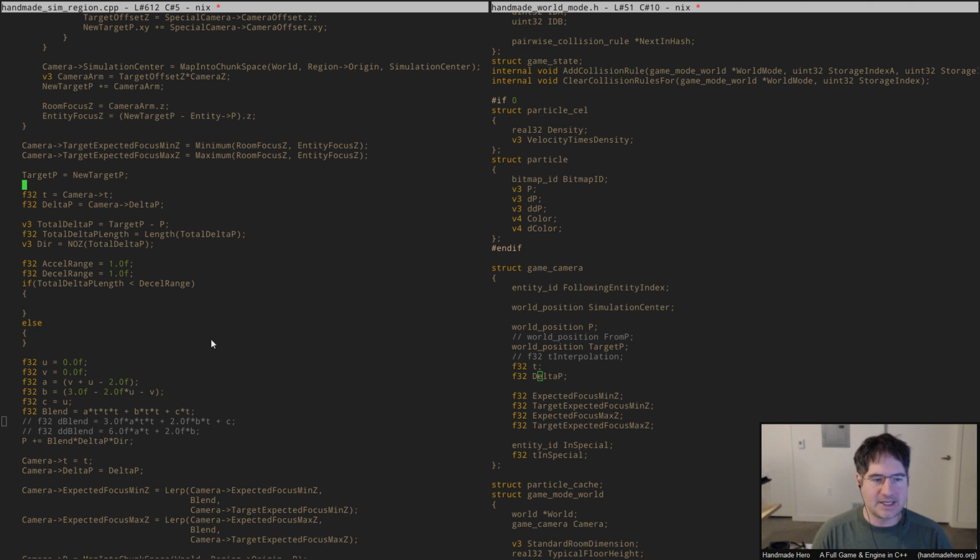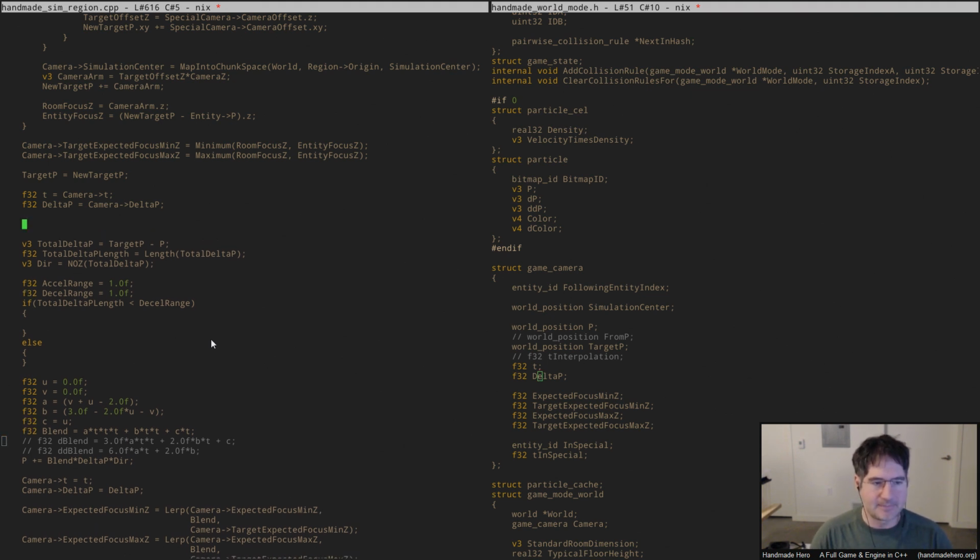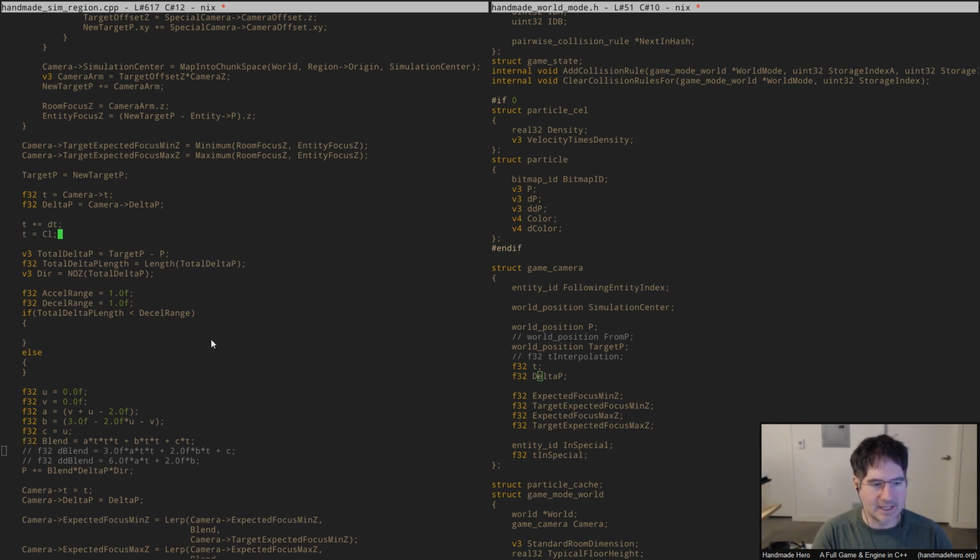Meaning when I go to take this t value and I want to move by whatever the delta step is that I'm asked to move by, if I do that to update this value, and then I'm going to look at what the actual change would have been, and I probably want to do this, right? Another way to do that, I guess, would be this.